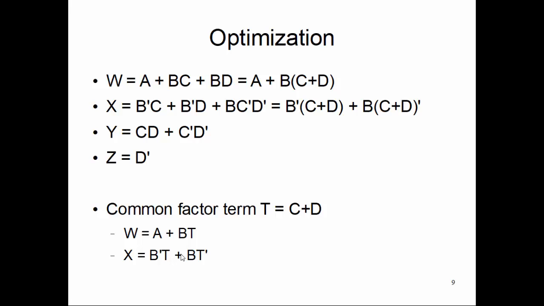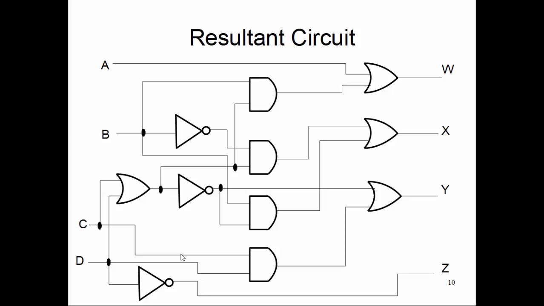All right. So once we have this, we draw its corresponding schematic. Basically, we look at each of these functions. For example, W is A or (B and (C or D)). So we make C or D, combining the C and D inputs through our OR gate.